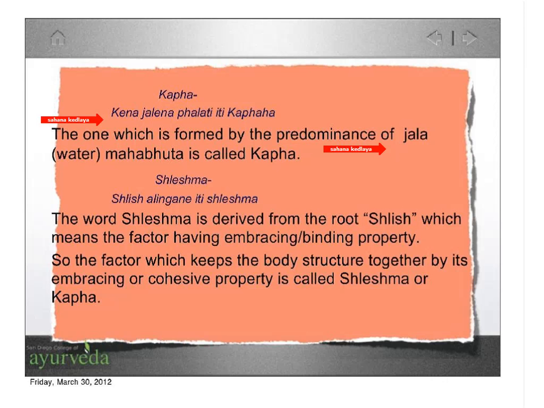That is why they define Kapha as Kena Jalena Phalati iti Kapha, and define Shleshma as Shlish Alingane, the one which has the binding property. This is a very important character of Kapha which helps to maintain the integrity of the body.